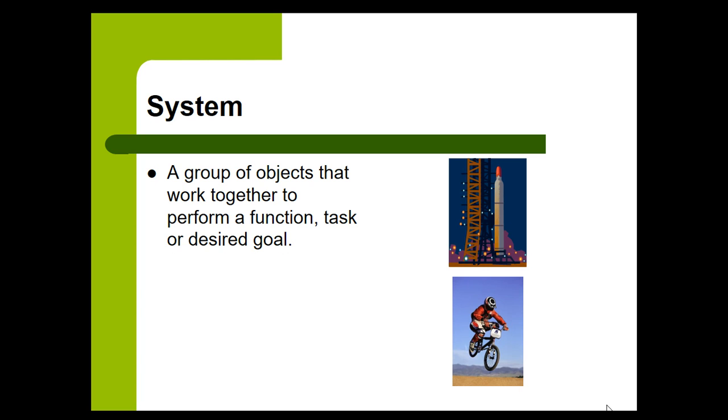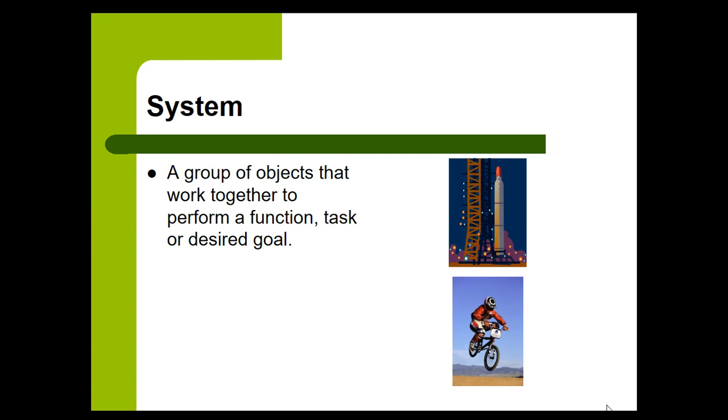It can't move, it can't react, it doesn't do anything at all. It just looks cool. Now, this is a group of parts, but that group of parts doesn't perform a function, task, or create some sort of desired goal other than standing there and looking cool. So that wouldn't be a system either. All right. We have to combine those two things, group of objects and perform a function or a task, before we can call it a system.